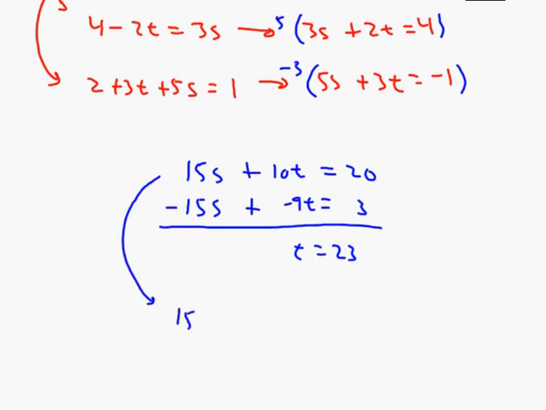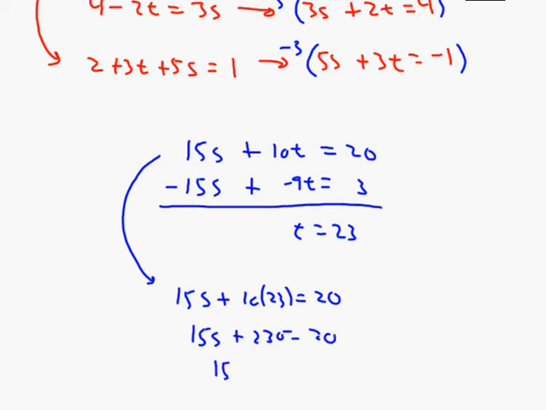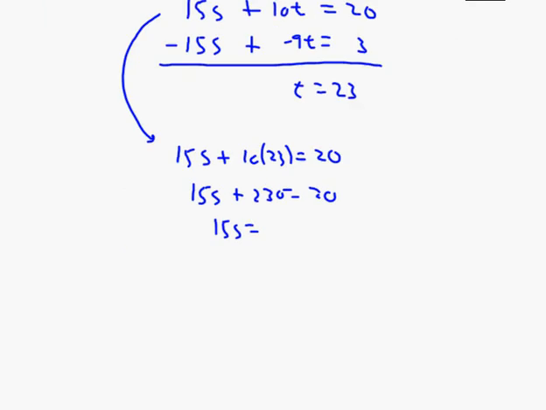So 15s plus 10 times 23 equals 20. So 15s plus 230 equals 20. So then we get 15s equals negative 210. Oops, 210. Let's write that the right way. And we can divide by 15 and divide by 15.